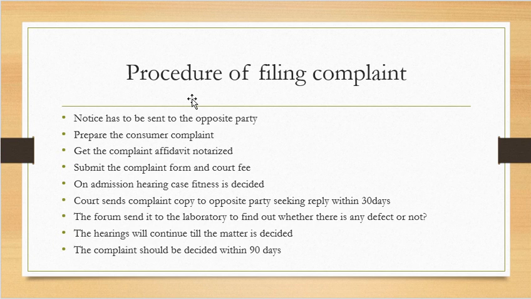Next, submit the complaint form and the court fee to the receiving clerk in the consumer court, who will give the date of admission, hearing and complaint reference number to the consumer.